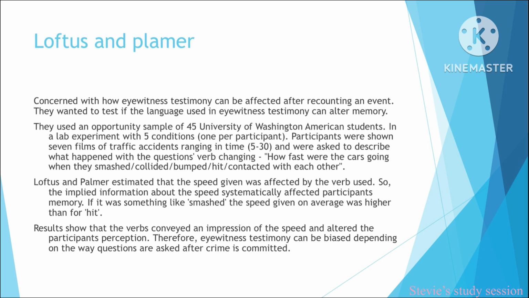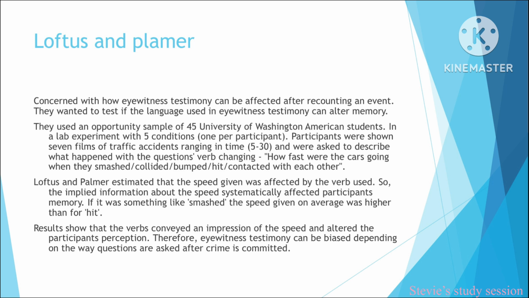Participants were then asked how fast the cars were going when they smashed, collided, bumped, hit, or contacted each other, with the verb changing. Loftus and Palmer found the estimated speed was affected by the verb used, so the implied information about the speed systematically affected the participants' memory.